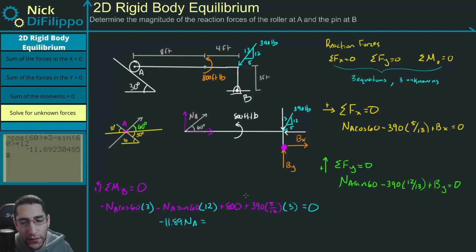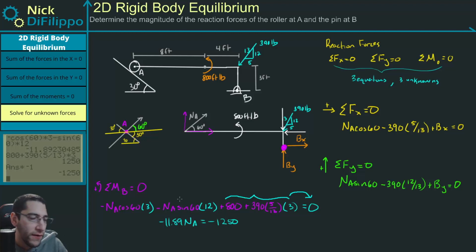And then we're going to combine this term right here and move it to the other side of the equation. So we'll have 800 plus 390 times 5/13 times 3. Move it to the other side of the equation, and we get this is equal to minus 1250.